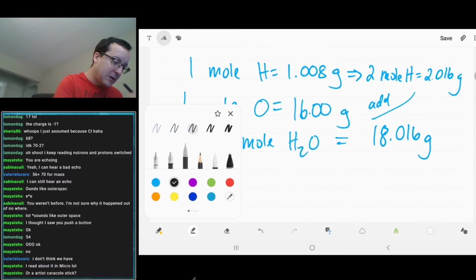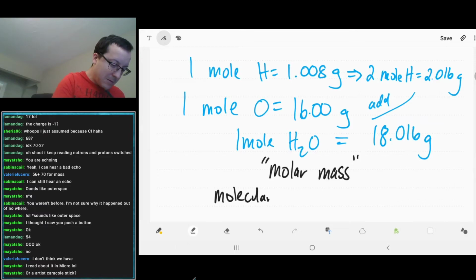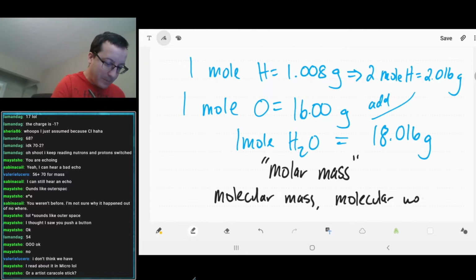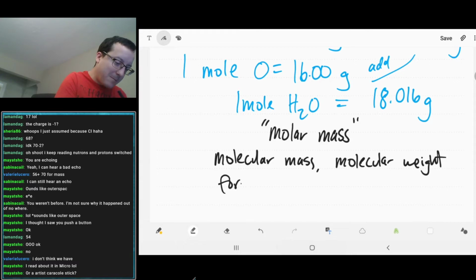This is what is called a molar mass, or molecular mass, molecular weight. You can also say formula mass, formula weight.